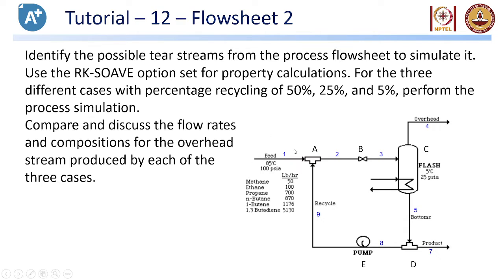The required information to simulate this process is given. You are asked to use the RKS equation for property calculation. As of now, just do one case, the 50% case. The stream conditions and the unit operation conditions are given in the question, in the flow sheet itself.